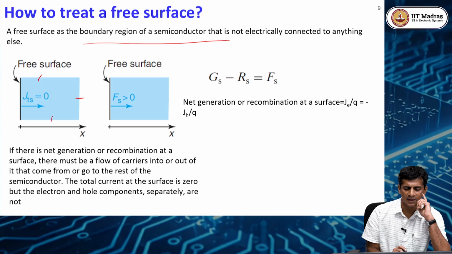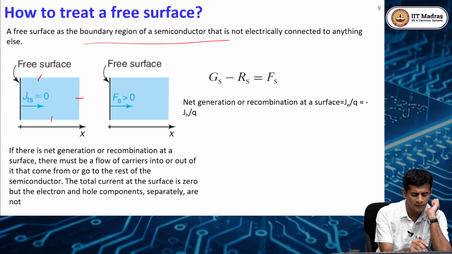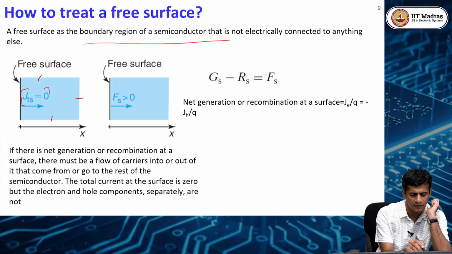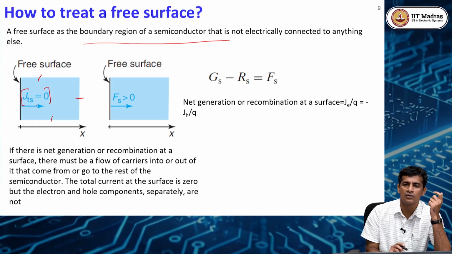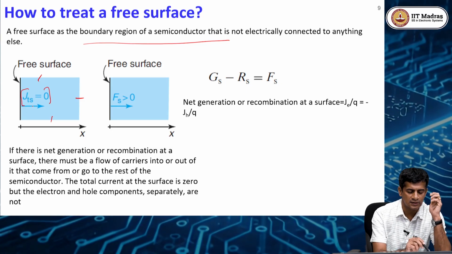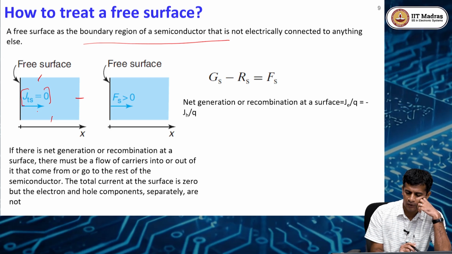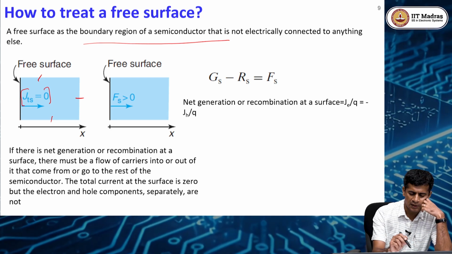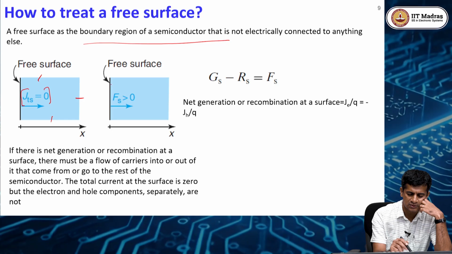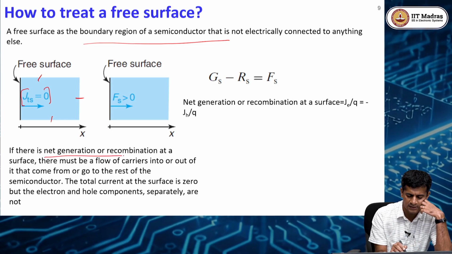So that means the current normal to the surface should be equal to 0. All right, so the total current going inside should be equal to 0. Now the other thing is that sometimes at this surface there could be a net generation or recombination happening.